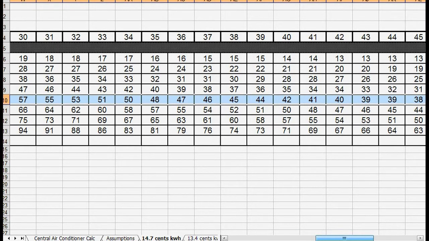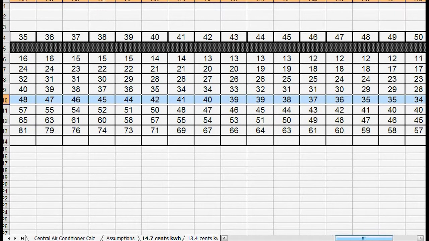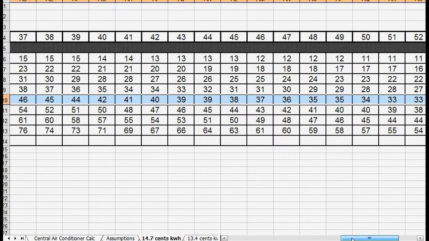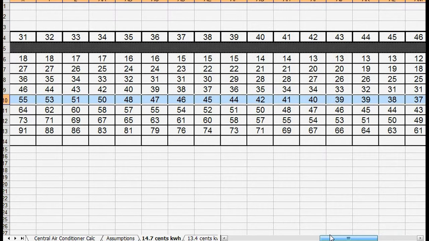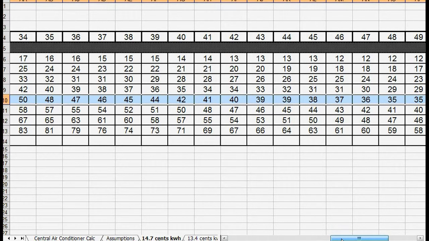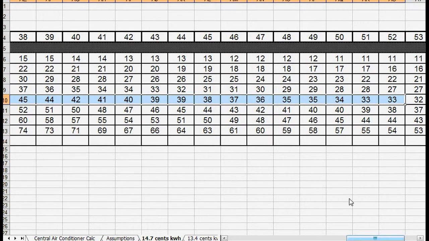And so we scroll over here to find out what our SEER rating is. The SEER rating is across the top. Now you'll see that my air conditioner was an 18 SEER when I put it in. So $33 a month puts us somewhere right around $51, $52. Both $33 under those SEER ratings.